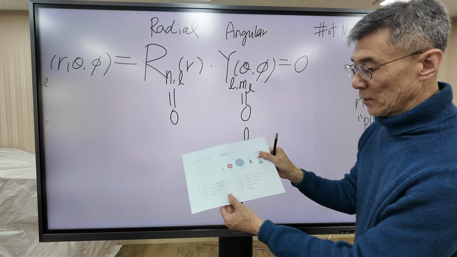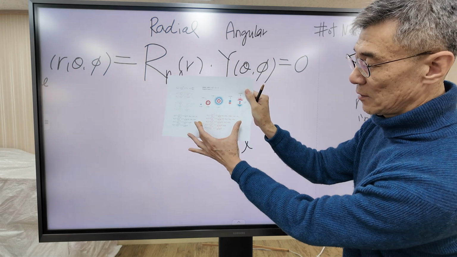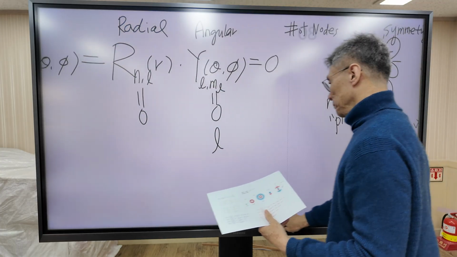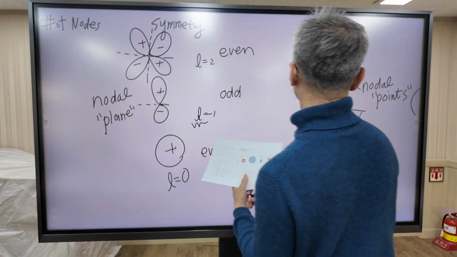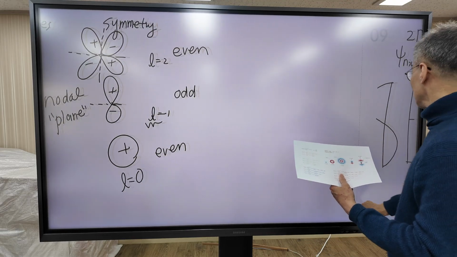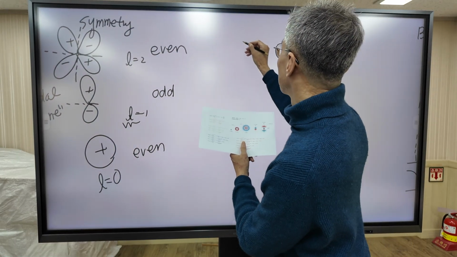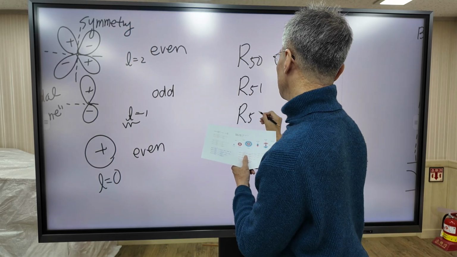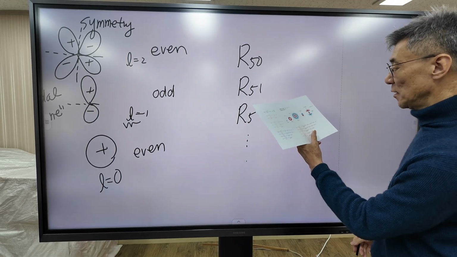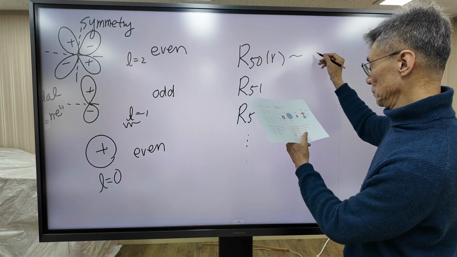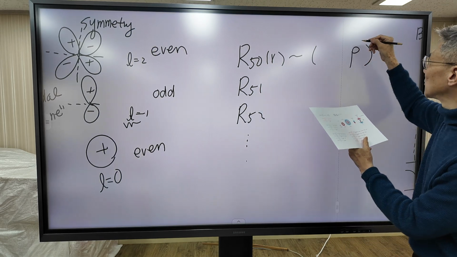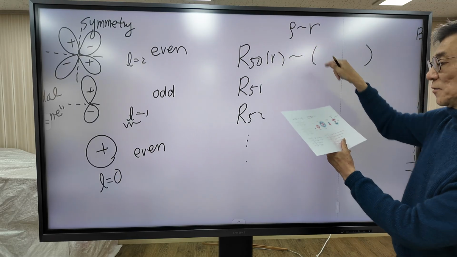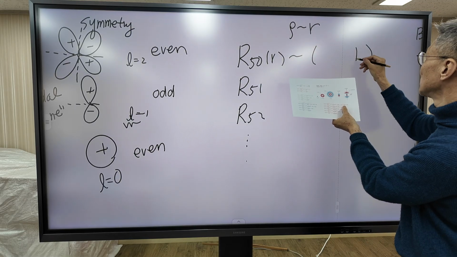Here, in this handout, at the bottom right, I have listed a series of functions for R50, R51, R52, etc. So here rho is proportional to R. So in this equation, it is R to the fourth.